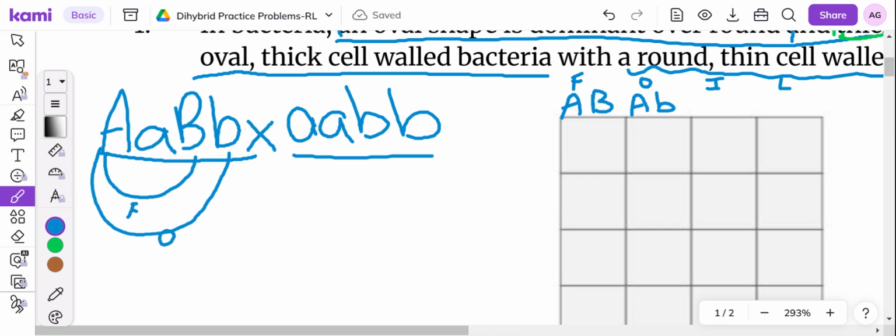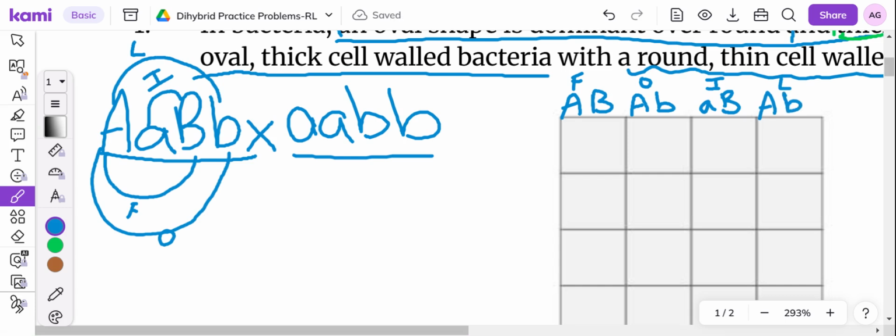Inside alleles, that would be the inside A and the inside B, so little a, big B. And the last alleles, the last A and the last B on the outsides, so that would be big A and little b.